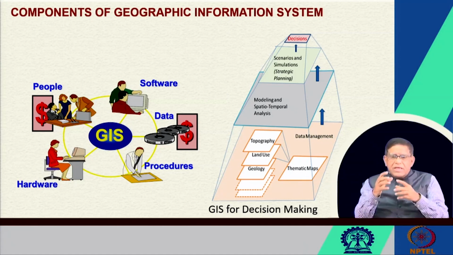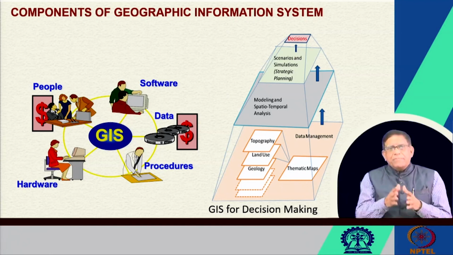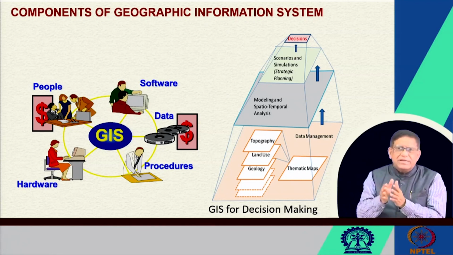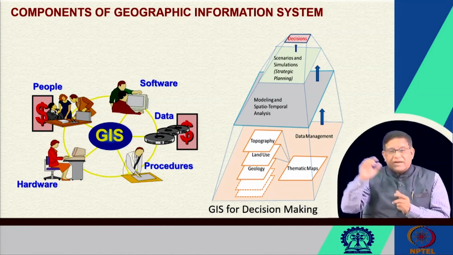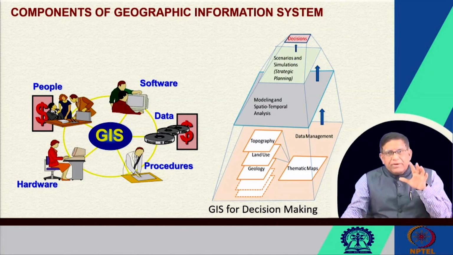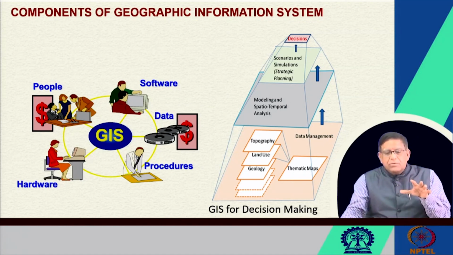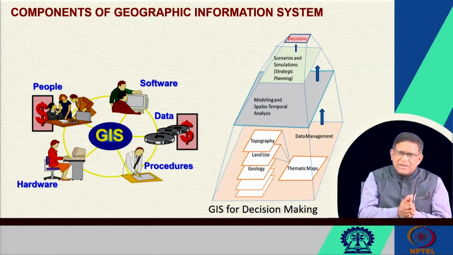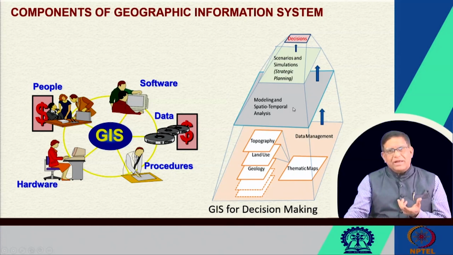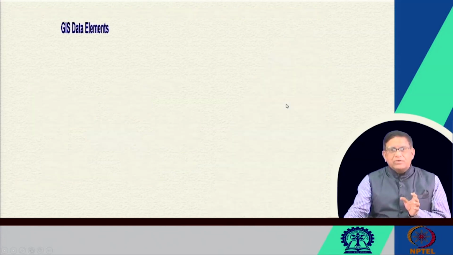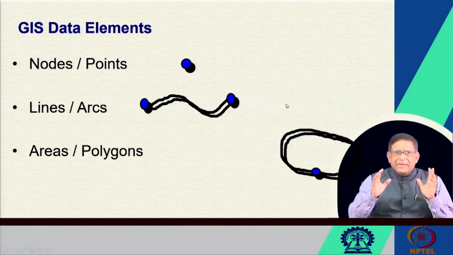That means you can create different scenarios, and by changing the locational aspects, the impact or effect can be changed. So, once you put things in a geographic information system, you can take a decision. That is why it is a tool for planning and a tool for designing.